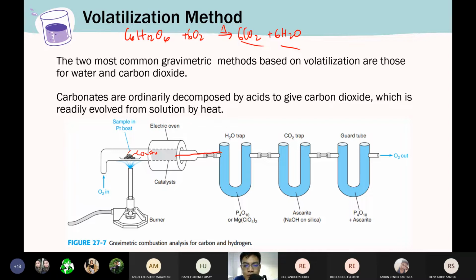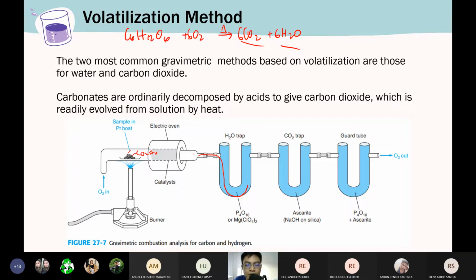And then it will pass through several filters. Okay, so the first filter will contain tetraphosphorus decaoxide, okay, or magnesium perchlorate. Okay, those compounds will actually trap your water molecules.